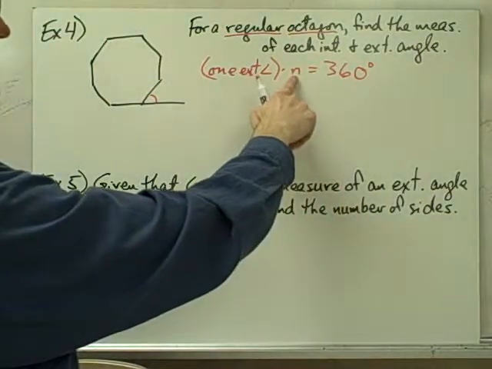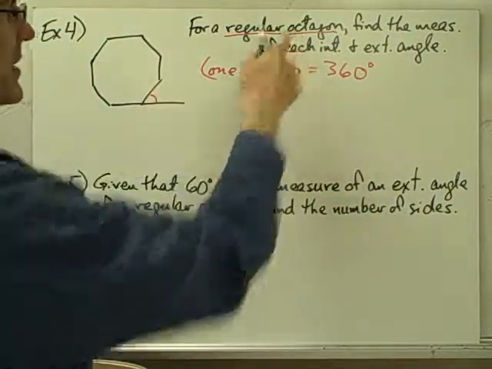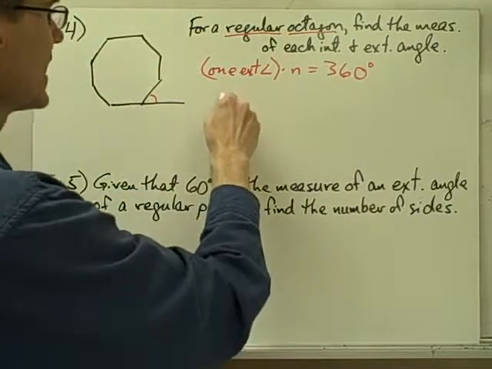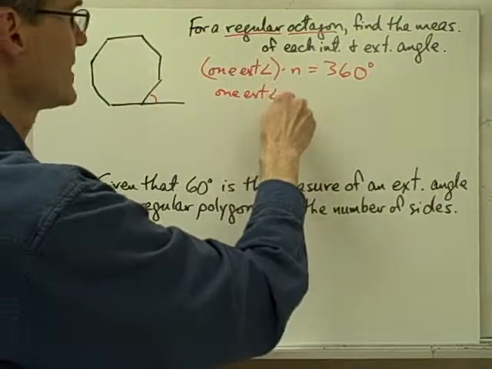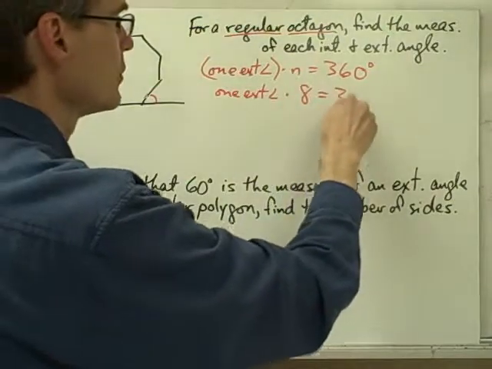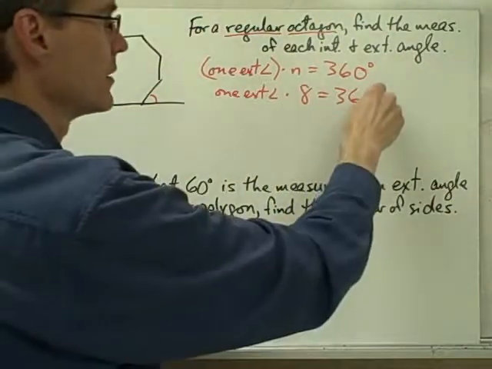Well, in this case, n, the number of sides of my polygon, since it's an octagon, is 8 sides. So one exterior angle times 8 equals 360 degrees.